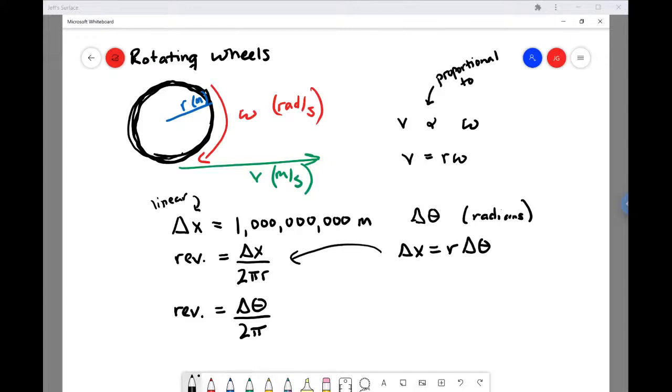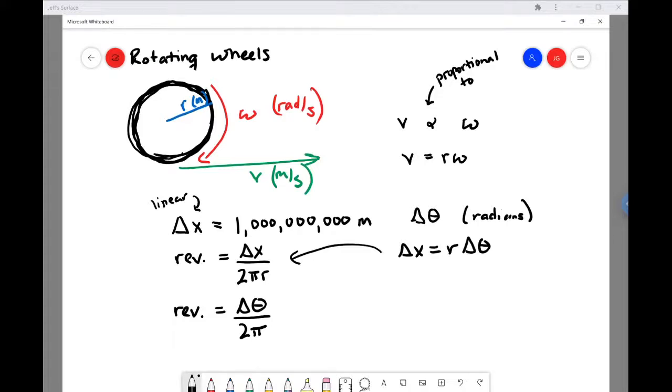Okay, so there's a problem, the fourth one in the problem set, which has you think about the connection between linear distance and number of revolutions. So you should nail that now. All right, let's see, what's next?